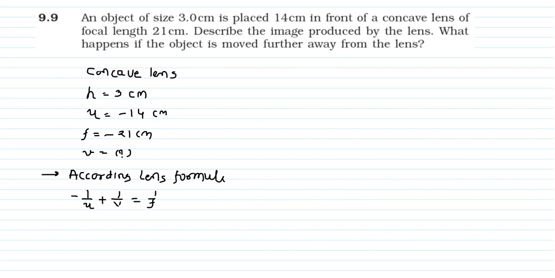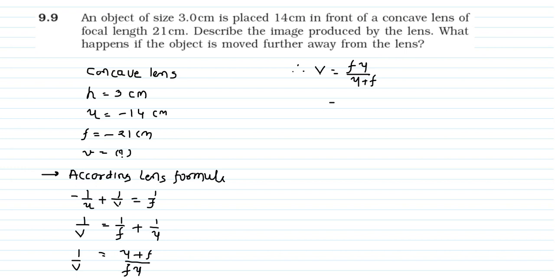Okay, you want to find out v, therefore 1 upon v is 1 upon f plus 1 upon u. Now you can say that is u plus f upon fu, that is 1 upon v, therefore v is equal to fu upon u plus f.